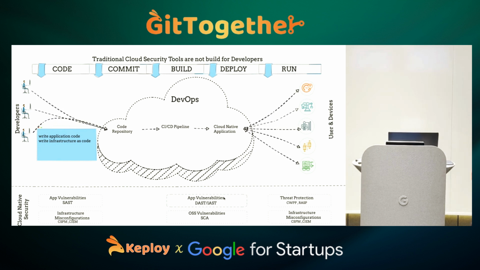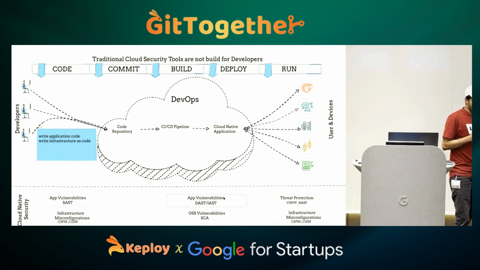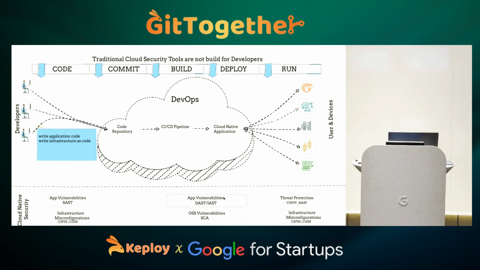Maybe today you are writing applications in any language, and maybe you are writing infrastructure as code. Today you use cloud tools like CloudFormation and Terraform, building code and deploying the whole stack, right?